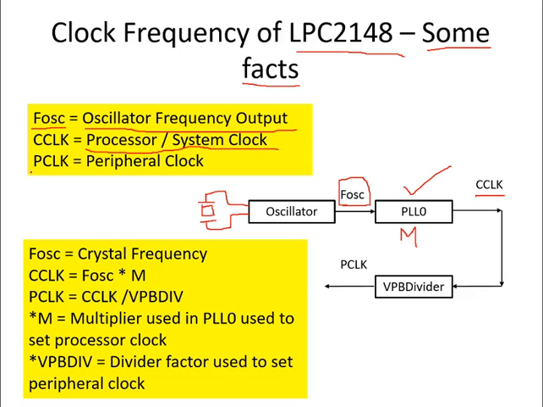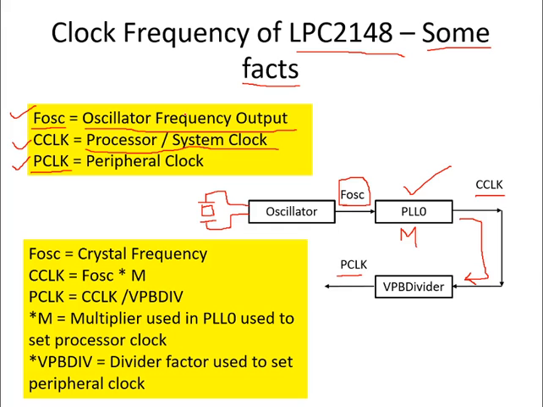And then the third one is PCLK. PCLK is the peripheral clock. To get the peripheral clock, the PLL output is given to the VPB divider block. This VPB divider block converts CCLK into PCLK. So remember the three terms: F oscillator, CCLK, and PCLK.